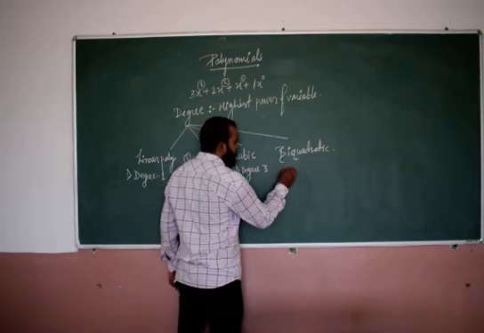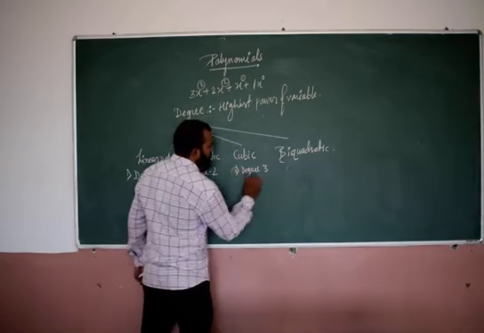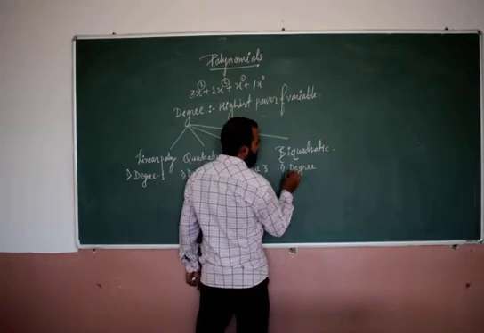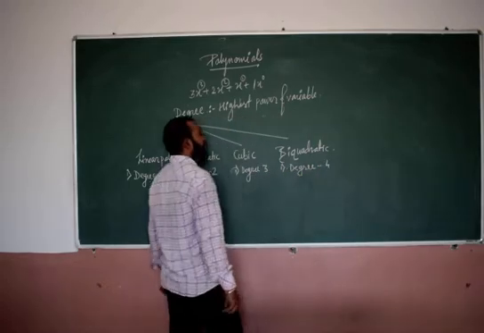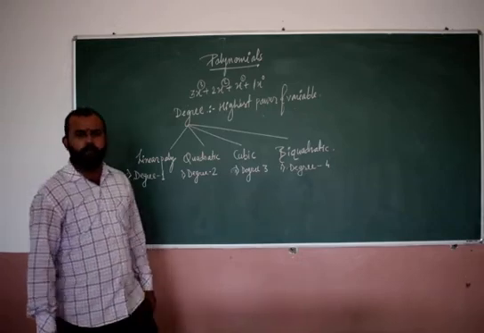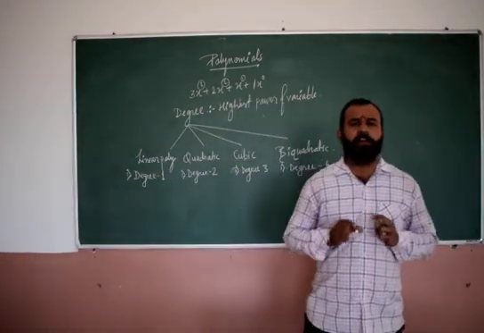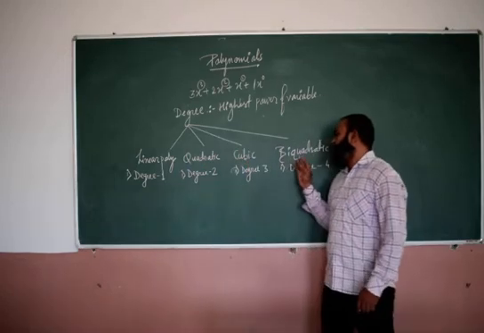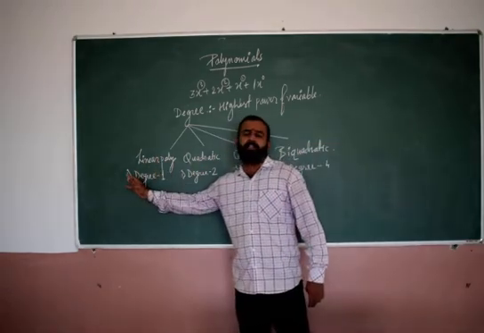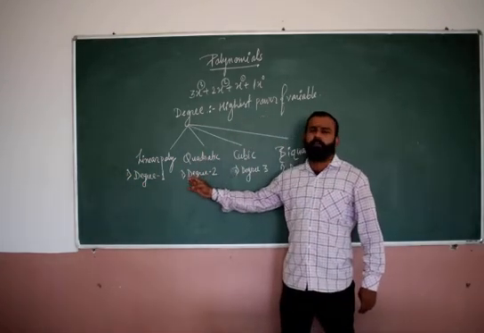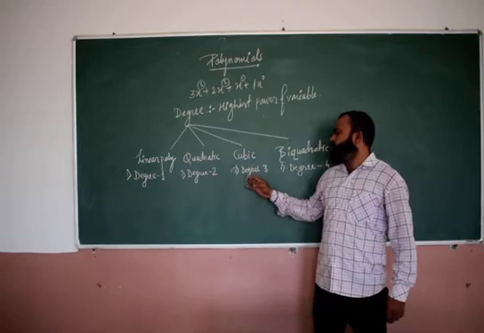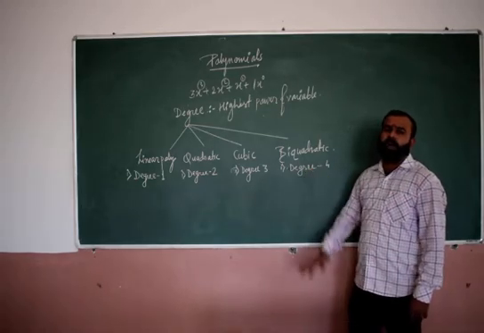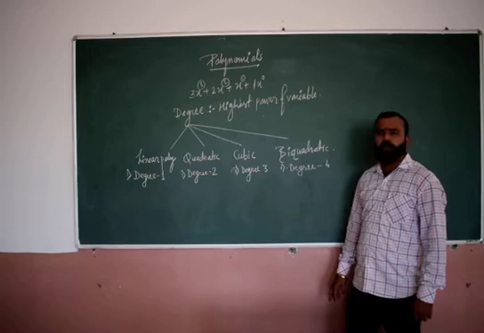And last, the polynomial having degree 4, you can also identify now, is called a biquadratic polynomial. So on the basis of degree, polynomials are divided like this: linear means degree 1, quadratic degree 2, cubic degree 3, biquadratic degree 4.